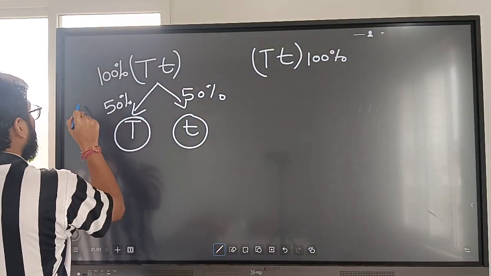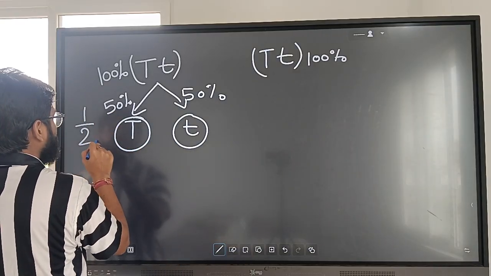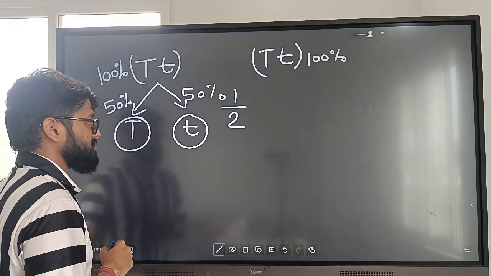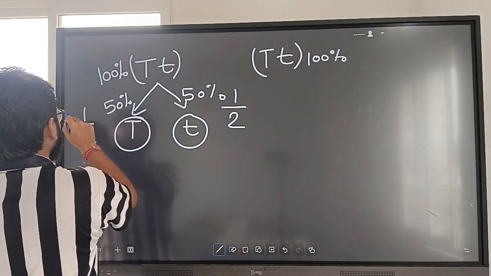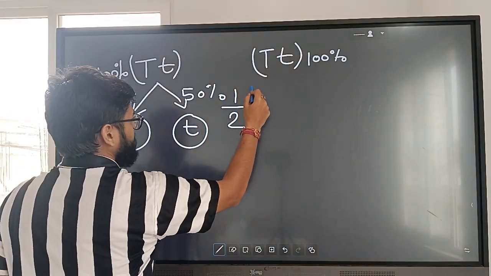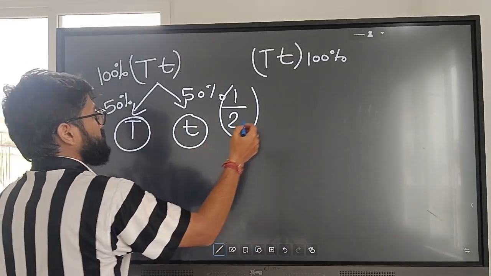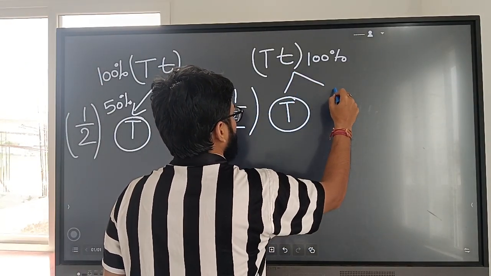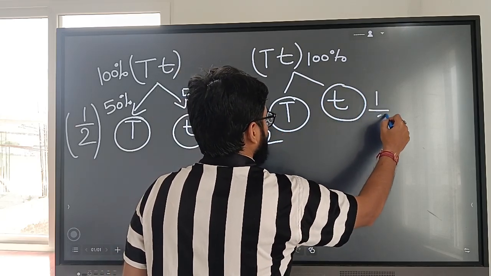Every chance you get, half of the time you will get this type, and the other half of the time you will get this type. Why? Because 50% can be written simply as half. In case of probability we show it like this, right? Similarly for this also, this will also be half, this will also be half.